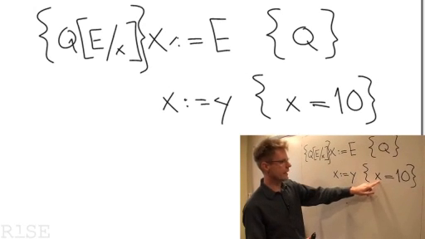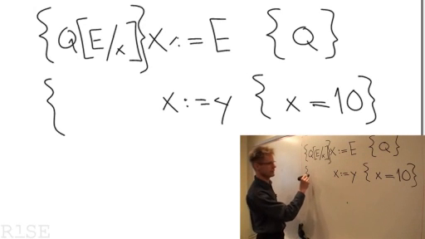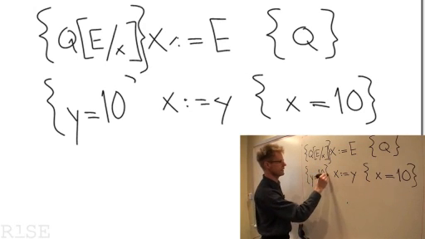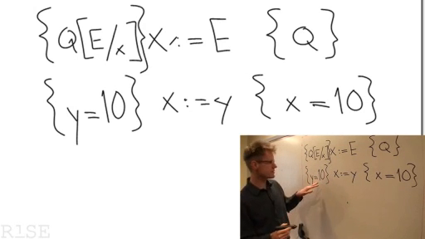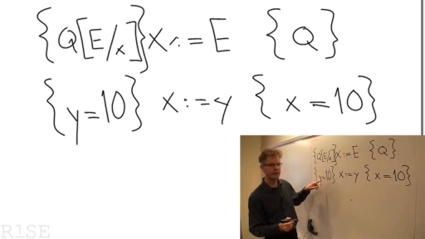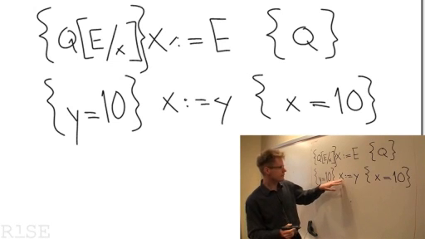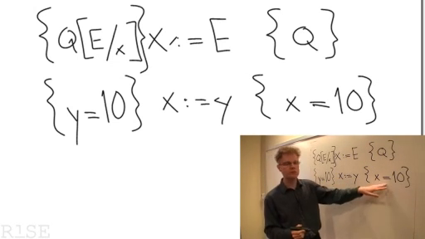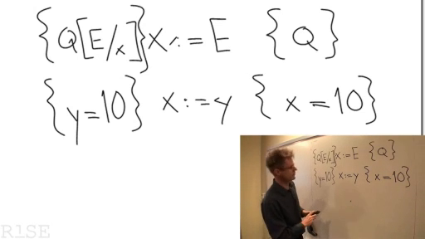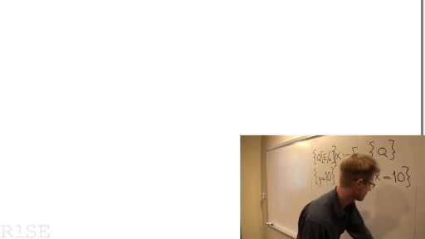So we replace the X by the Y, and therefore we get, in the initial state, Y is 10. So this Hoare triple says that if you start the program in the states where Y is 10, and we don't know anything in particular about X, and then you execute the assignment statement, you will end up in a state where X is 10. Okay, easy enough.